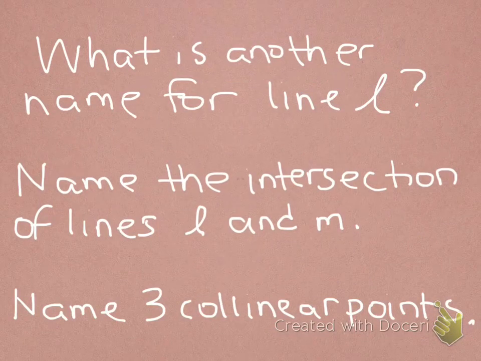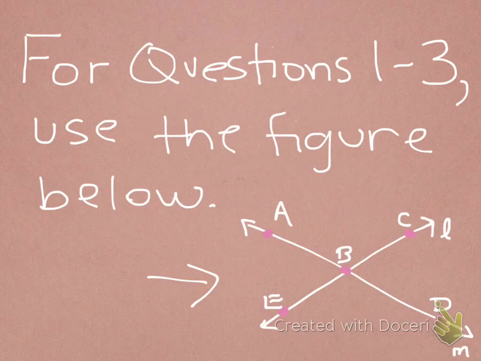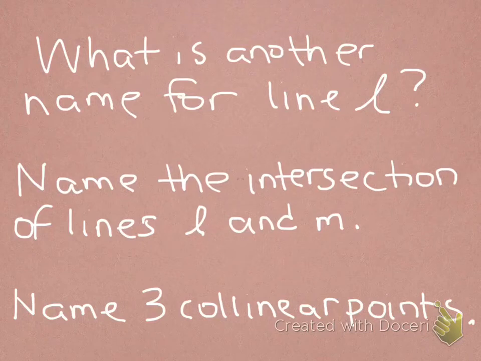So what is another name for line L? If we look at the figure, line L is here. So line L has points E, B, and C. And for any line, you're going to use at least 2 points.